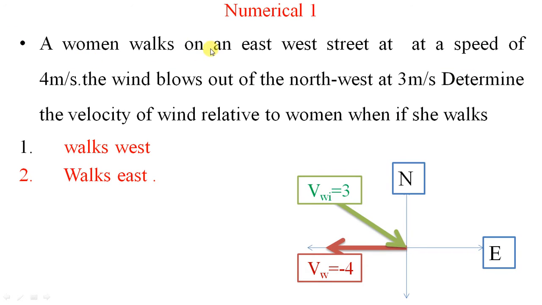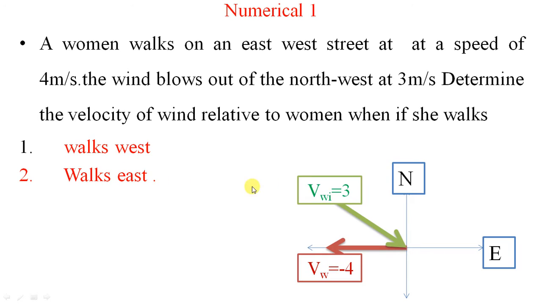First numerical: a woman walks on an east-west street at a speed of 4 meter per second. The wind blows out of the northwest at 3 meter per second. Determine the velocity of wind relative to the woman when she walks east.